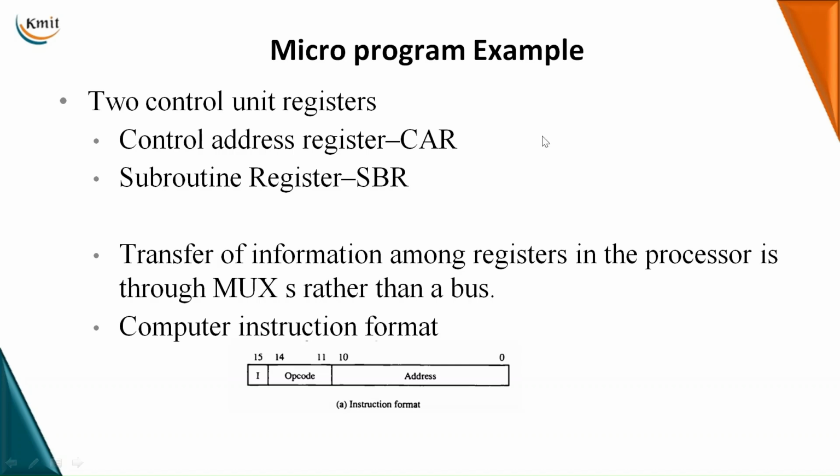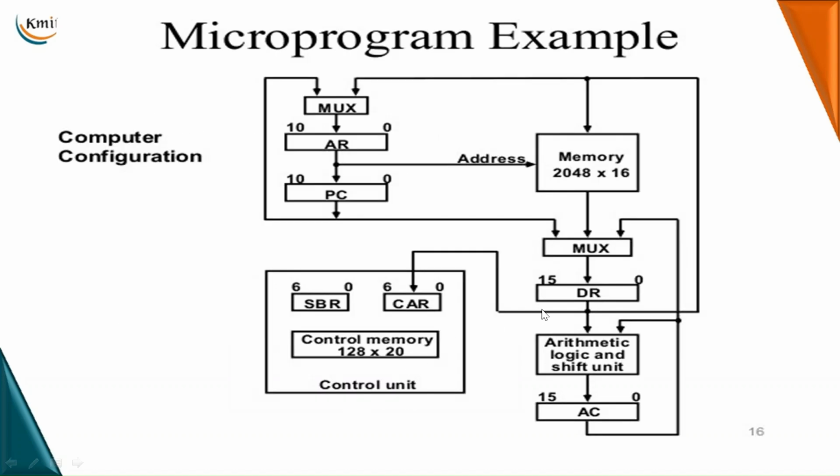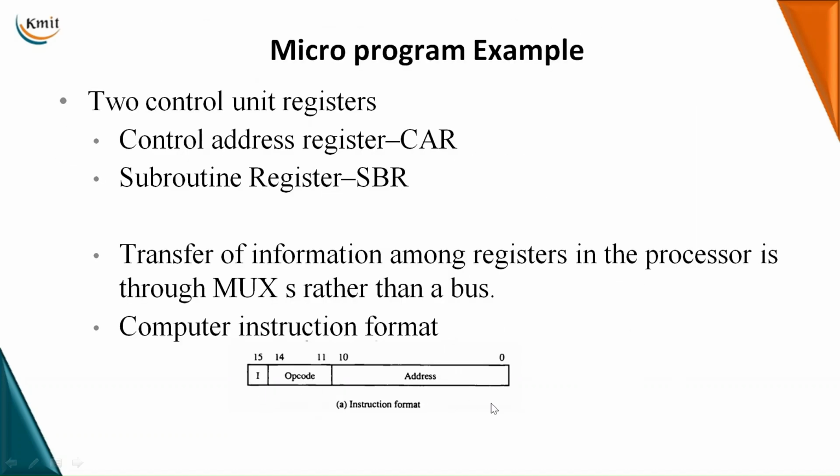If you look at the instruction format of a normal instruction, it mainly contains a 16-bit format where 0 to 10 bits represent your address part, 11 to 14 bits represent your opcode, and 1 bit represents the mode bit.